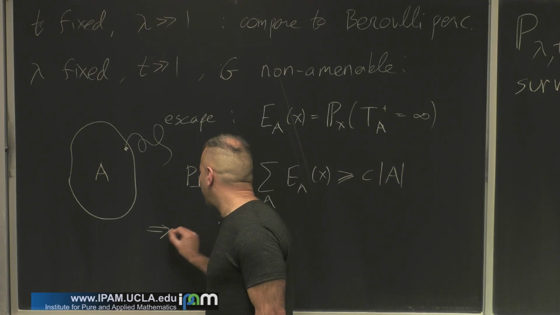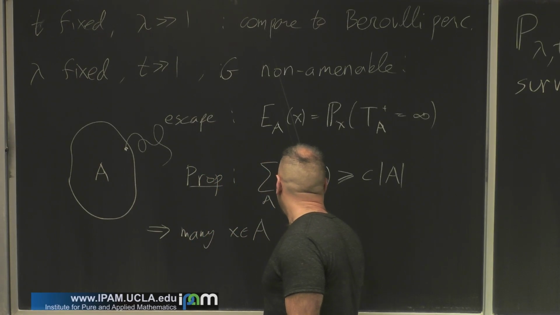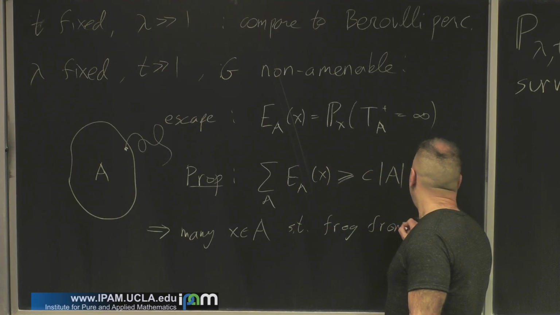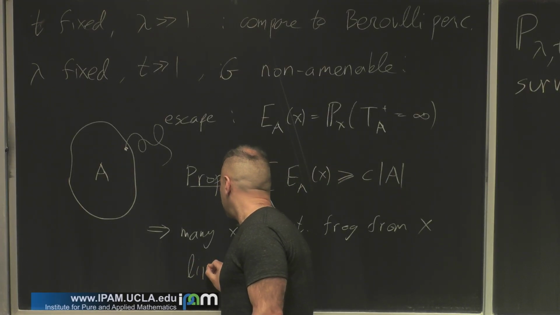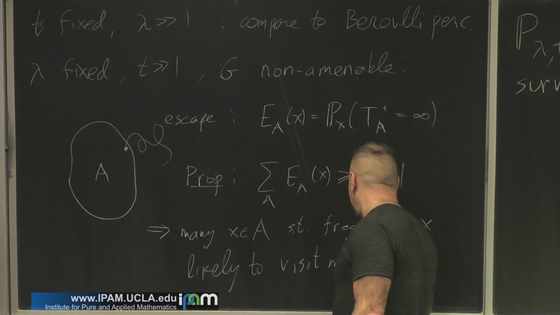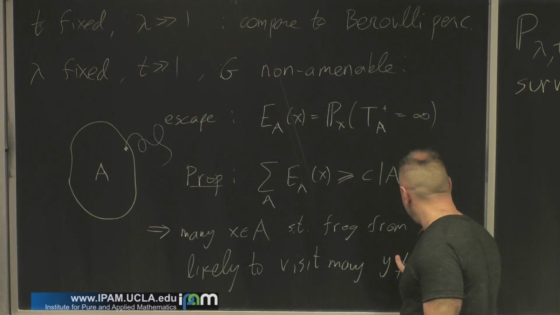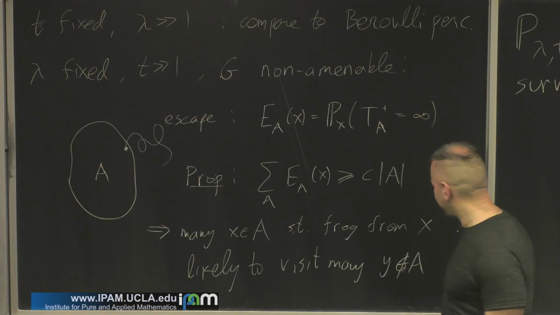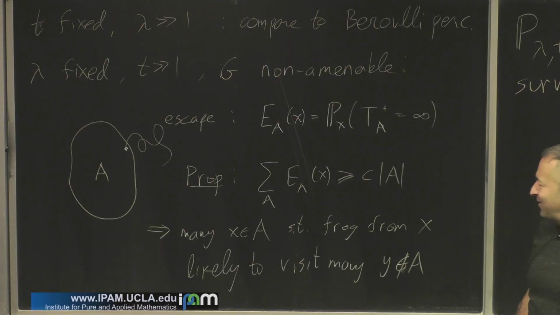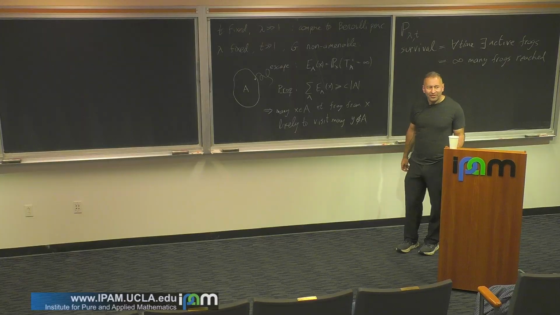So from this, we can deduce that there are many vertices x in A such that a frog from x is likely to visit many vertices y which are not in A. Many is, let's say, t over 100, and likely is probability at least 1%. All the numbers depend on the graph.